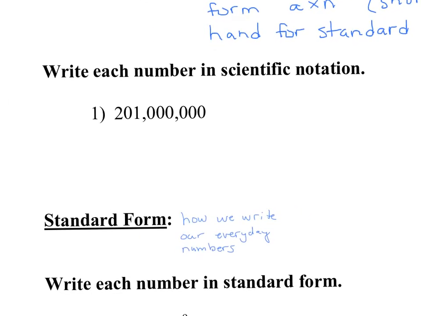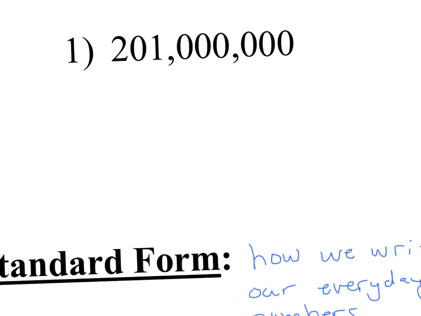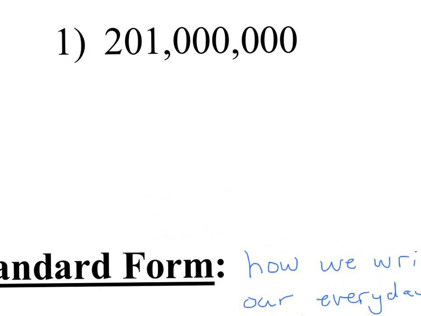On number 1, write each number in scientific notation. I don't really remember rules like if you move it right, it's positive, left, negative. I don't do all that. What I do is I just look at this number right here. If it's bigger than 1, I know I'm going to have a positive exponent because it's a pretty big number.